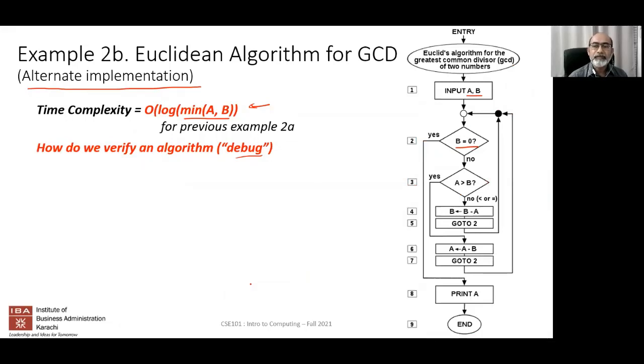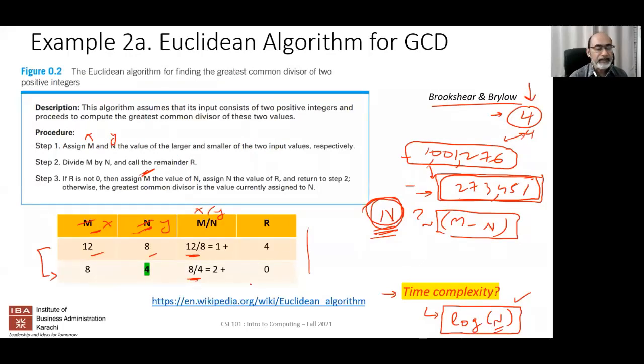And a lot of times, even my PhD students, when they're working on a complex algorithm and trying to implement it, I ask them to look at a very trivial example, something similar to this. This is a very trivial example where you're trying to figure out whether the Euclidean algorithm will work or not, and you choose a very simple example which can be tested in a few steps.